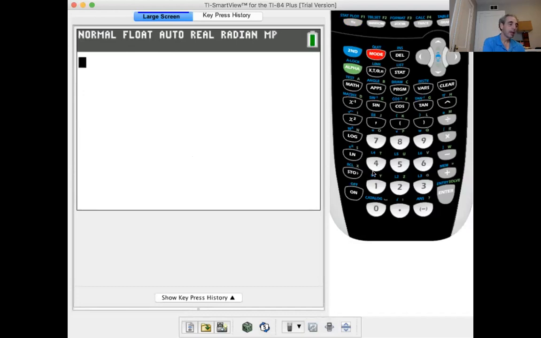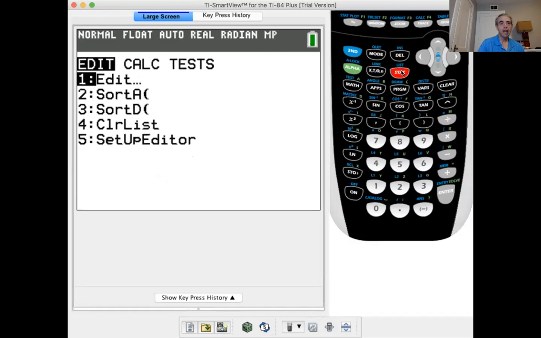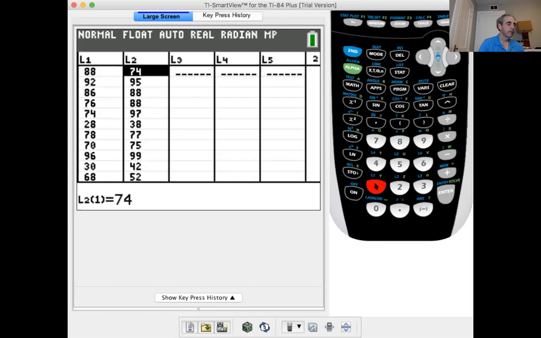And I want to put that data in. So what am I going to do? I have 15 numbers that represent the number of wins, and 15 numbers that represent the run differences, positive if they scored more than their opponents, negative if they scored fewer. So what do I do? Stat, edit, and I've got a whole bunch of numbers in there that I should clear out.